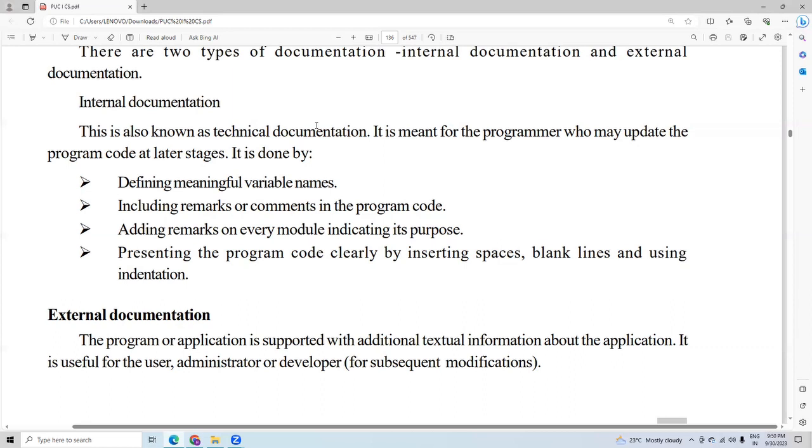Additions, improvements. They can do it by using this internal documentation. It is only for the programmers, not for the end users, right? So that is what all the things, what it is done by what?